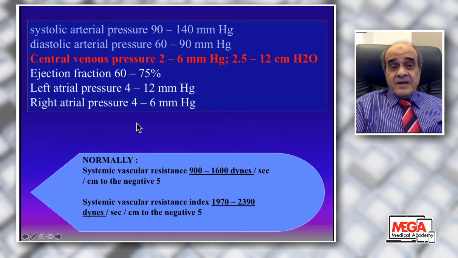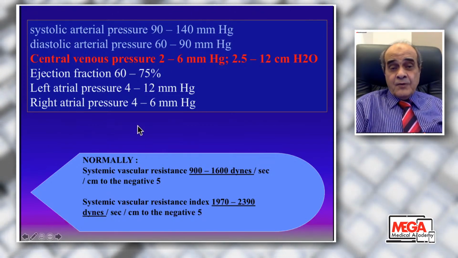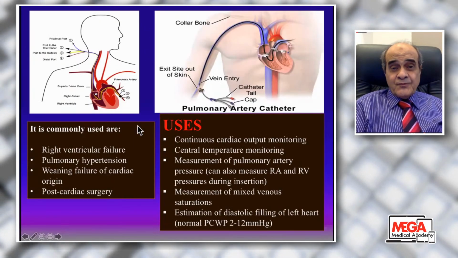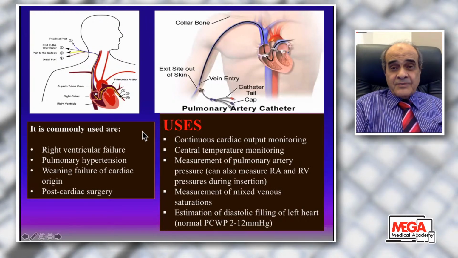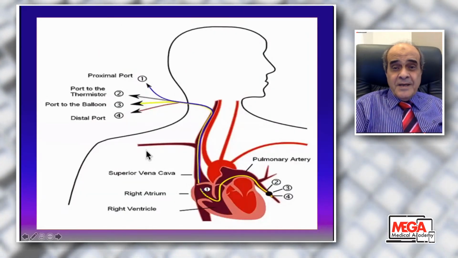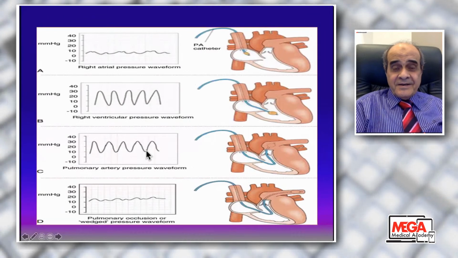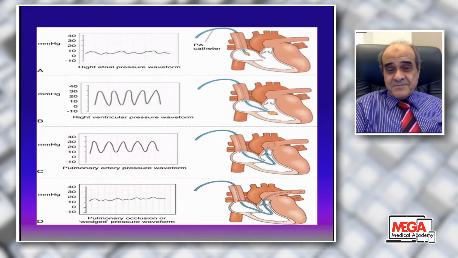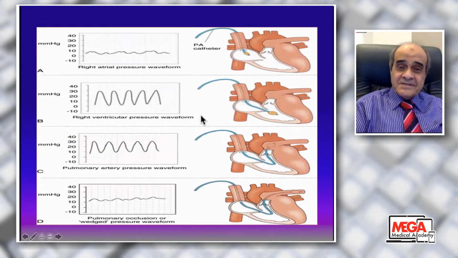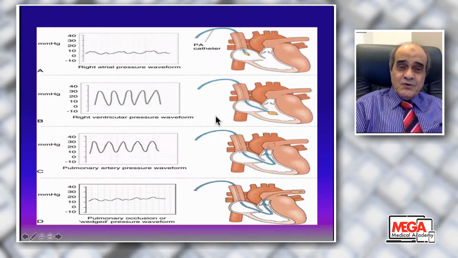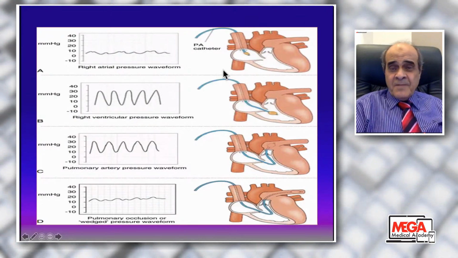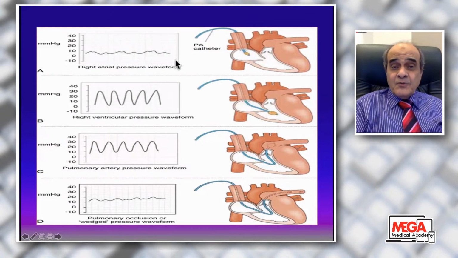This is the normal value. I want to concentrate on the pulmonary Swan and so on, but I suspect Dr. Magid will cover this area, so no need to repeat. But be sure of your wedging.